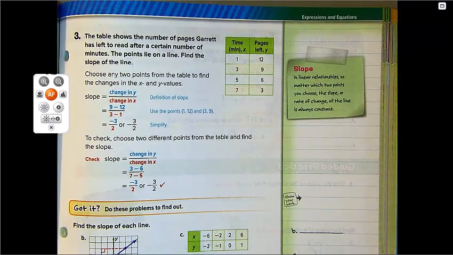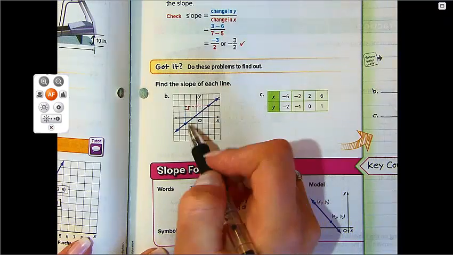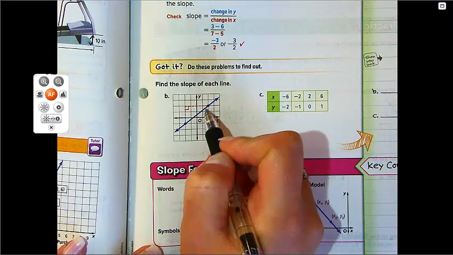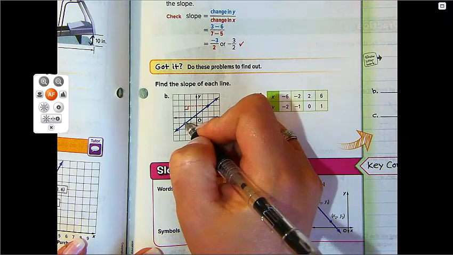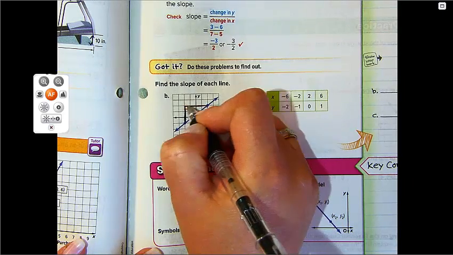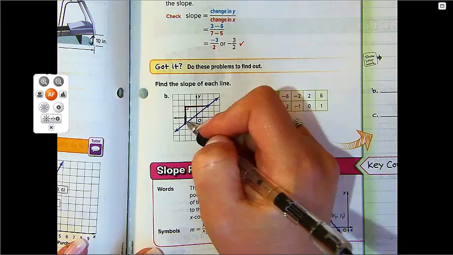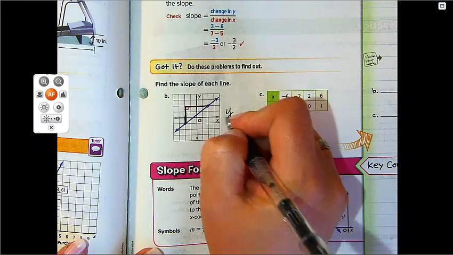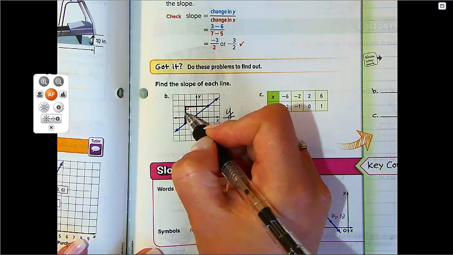I'm actually going to go down here to the got it. And this tells me I'm looking at this point compared to this point. Well, if I go from here to here, if I draw lines connecting these points like a stairway, my change in y over my change in x, my x I go up 1, 2, 3.